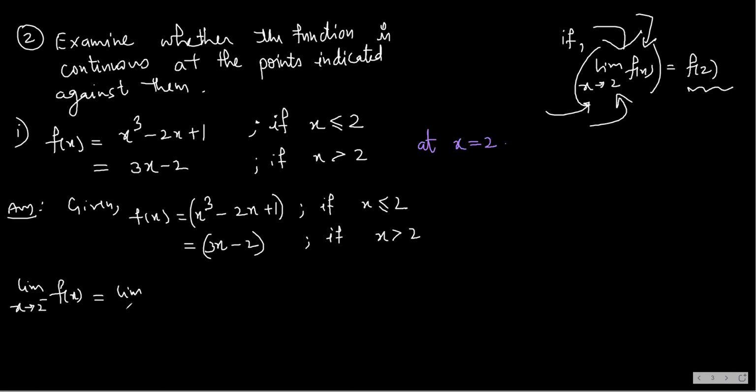So limit x tends to 2 negative, and what is f of x? For this, the function is x cube minus 2x plus 1. Now I will evaluate. So x is approaching 2 from left, but it is ultimately approaching 2 only. So I will write 2 cube minus 2 into 2 plus 1. So it is 8 minus 4 plus 1.